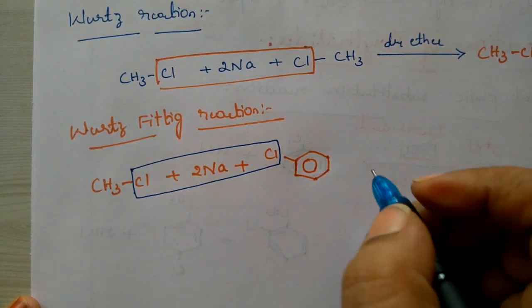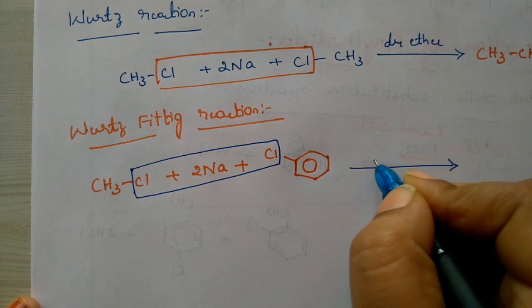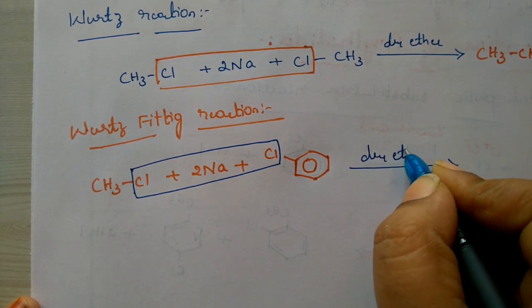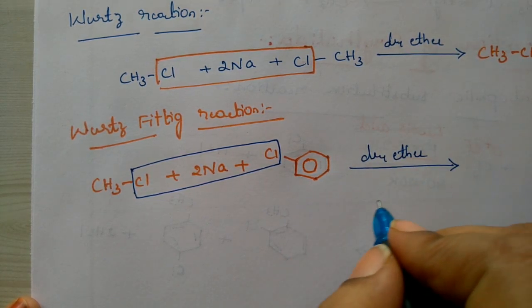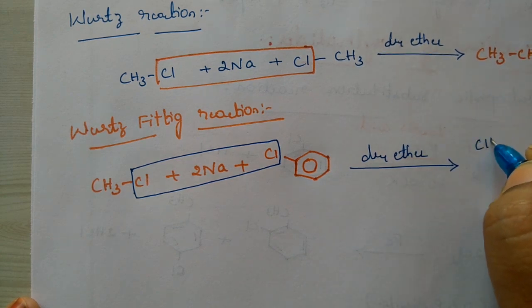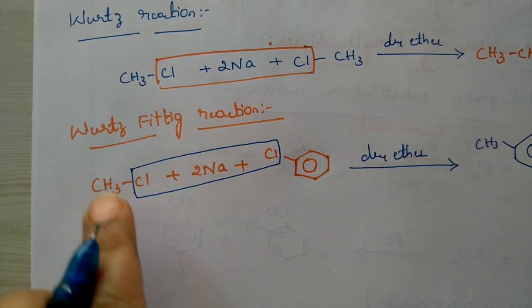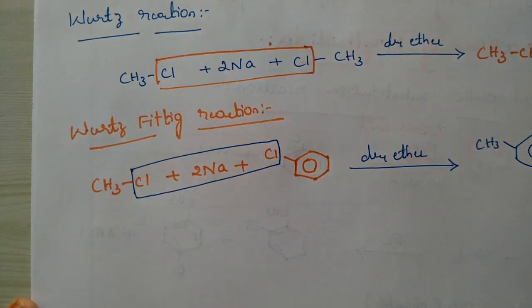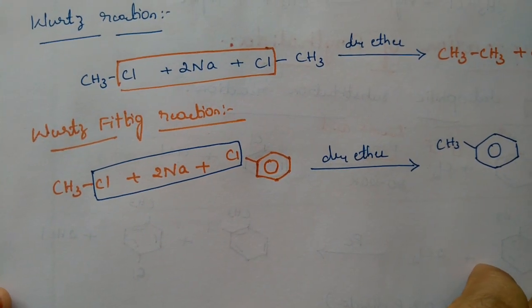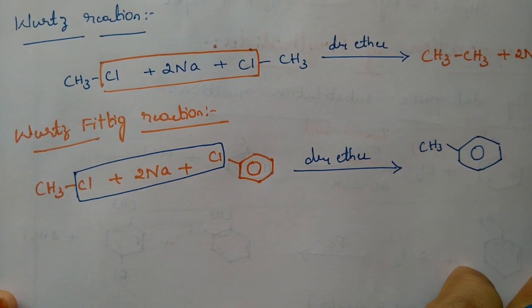The method of the reaction is the same, and the reagent is also the same, dry ether only. So it is CH3 bonded to the benzene ring. This is called the Wurtz-Fittig reaction.